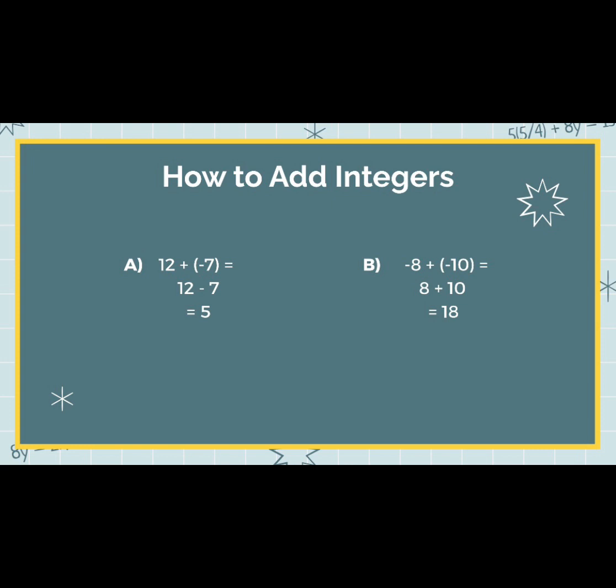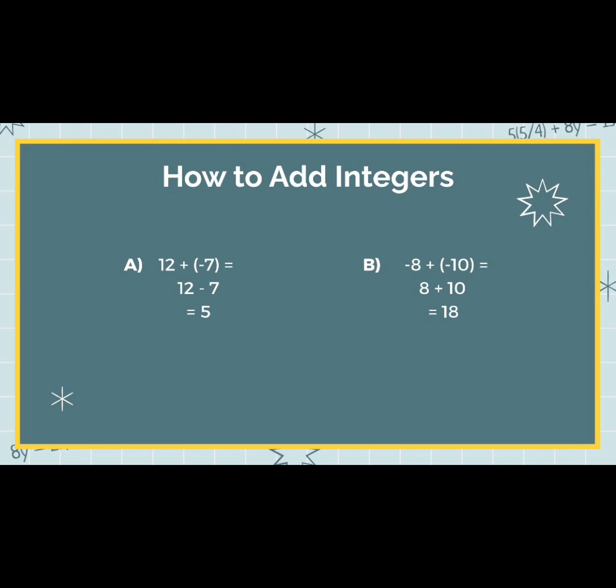That means our answer is going to be positive, so our final answer is a positive 5. So quick recap here. We basically forgot about any negatives because we were working with absolute values. We then found the difference between the absolute values, and the answer takes the sign of the greater absolute value from the original problem.